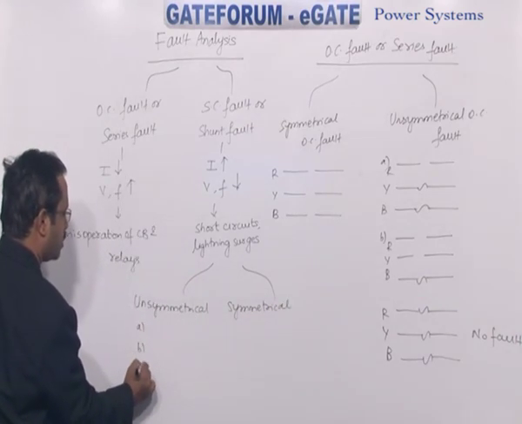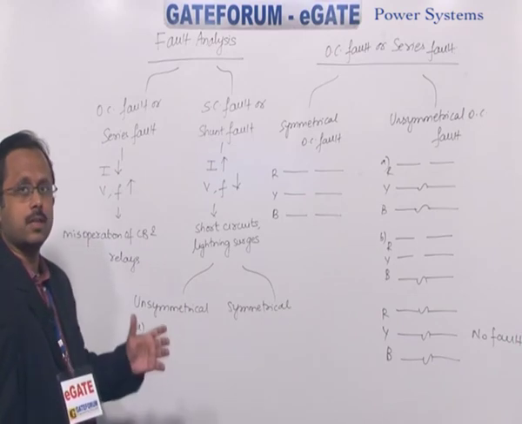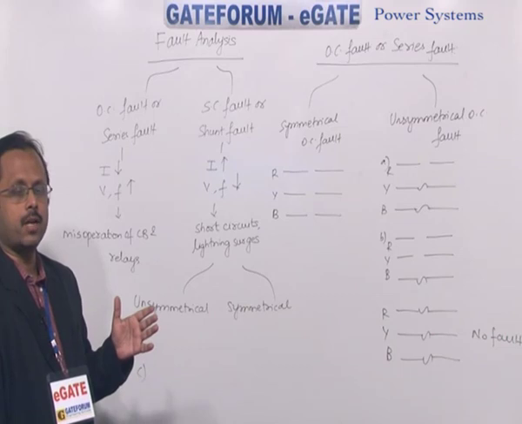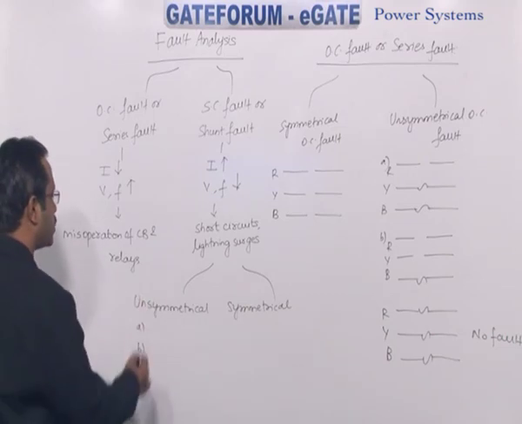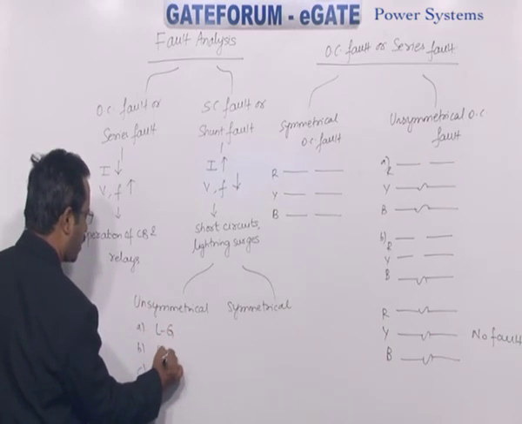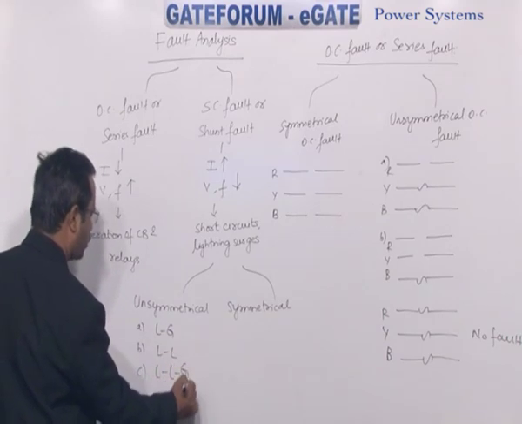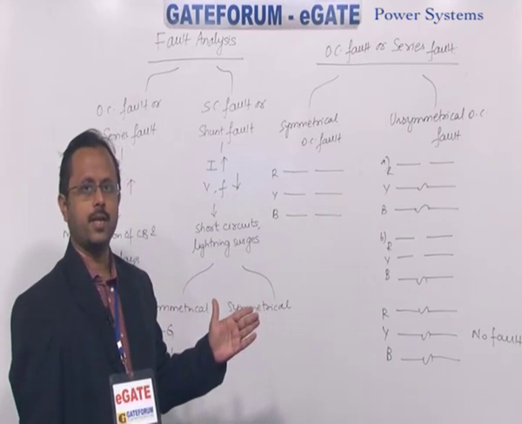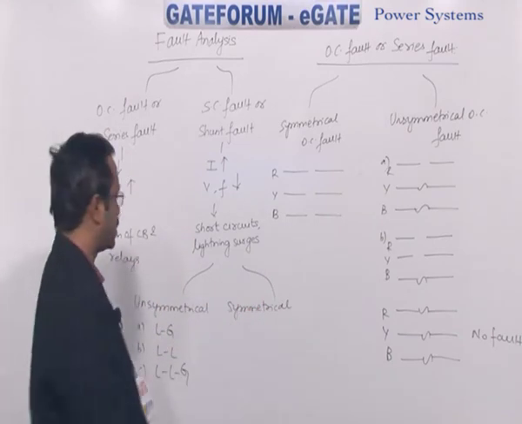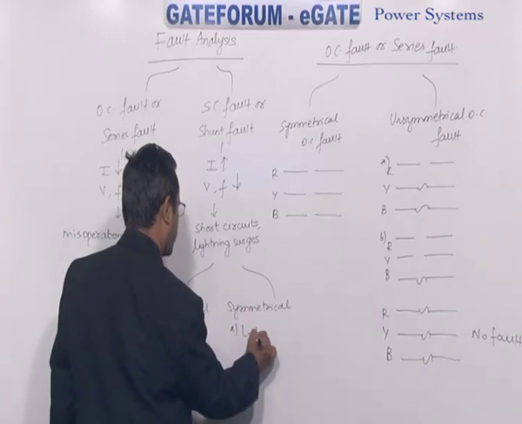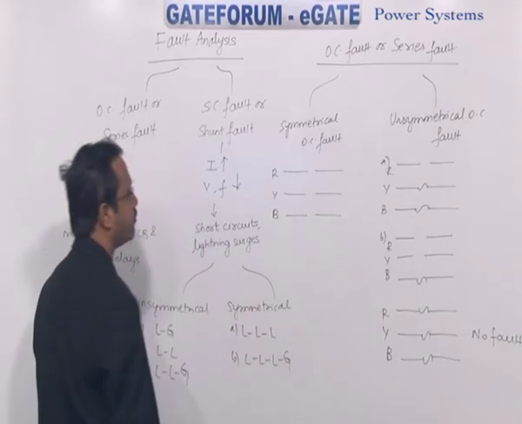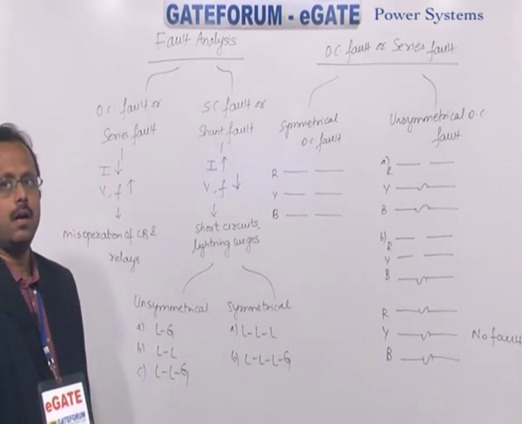Unsymmetrical means the fault involves only one phase or two phases. So we have line to ground, line to line, double line to ground. Symmetrical means the fault involves all the three phases. So we have triple L fault and triple LG fault.